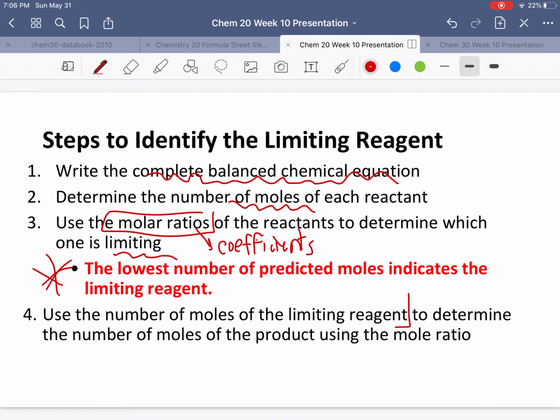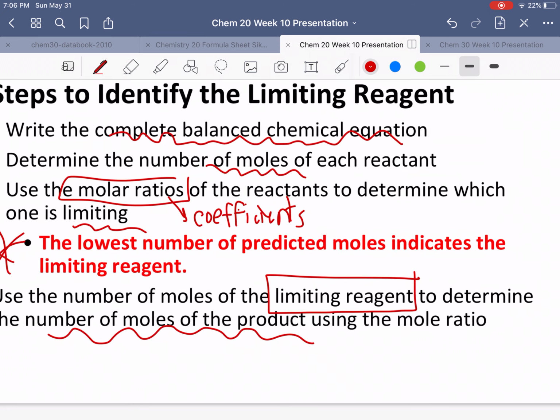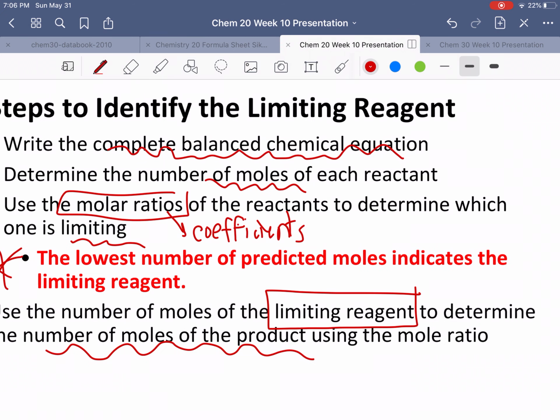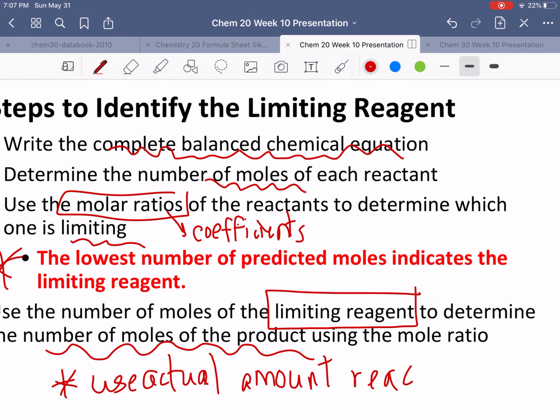Then use the number of moles of the limiting reagent, not of the other reactants, but specifically the limiting reagent, to actually calculate with the mole ratio what the product is going to be, right? So the actual amount reacted. Use actual amount reacted. That's key. It's an easy mistake to make. It's one you're going to have to watch for.